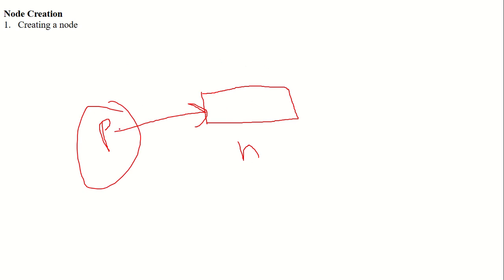Suppose here we have one more node, and this pointer will point to this whole node. So when we point to a node, we have to create a pointer which is a struct data type. I hope you are understanding.